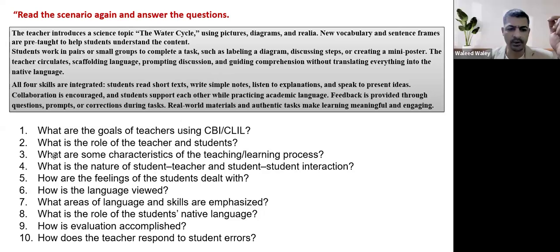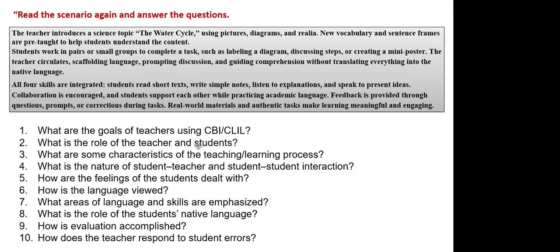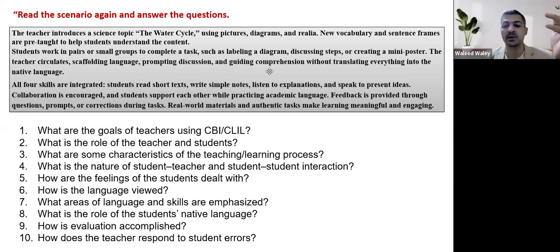Yes, okay, good. And here, what are some characteristics of the teaching and learning process? How did the teacher provide the language? How did he help the students to acquire the language, to understand the rules and the new vocabulary?